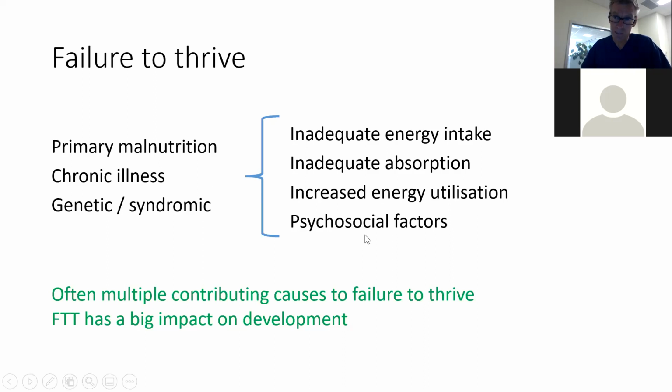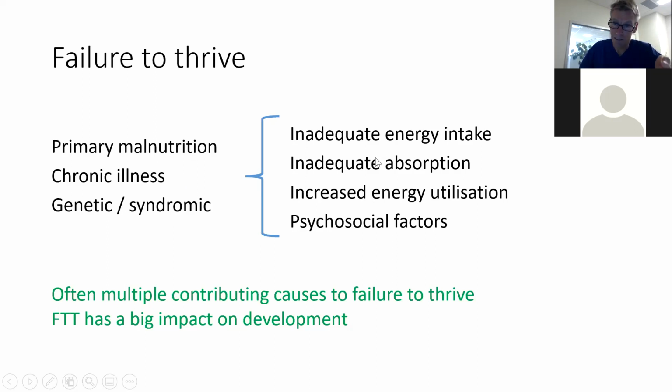And then for some, there are psychosocial factors, environmental factors, or factors at home, or issues with caregiving by a parent or maternal depression. So often in children with failure to thrive, whether they've got primary malnutrition or a chronic illness or a genetic syndrome, there will be one or more of these factors going on.